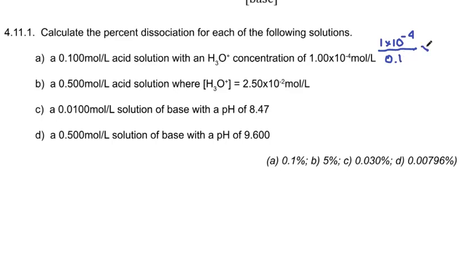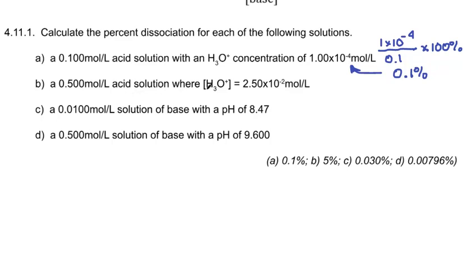If you want to turn this into a percentage, you multiply it by 100%. That becomes 1 times 10 to the negative 3, multiplied by 100, you get 1 times 10 to the minus 1, which is 0.1% dissociation. So from this acid, 0.1% of it actually dissolved, the rest just remains as undissolved acid.